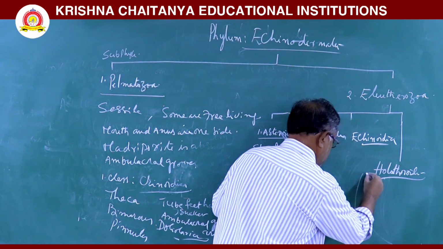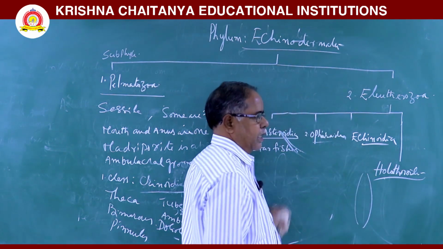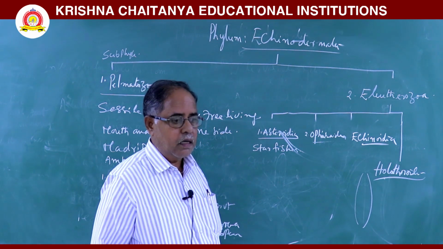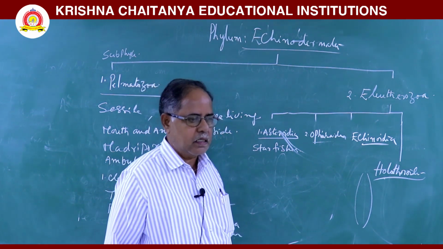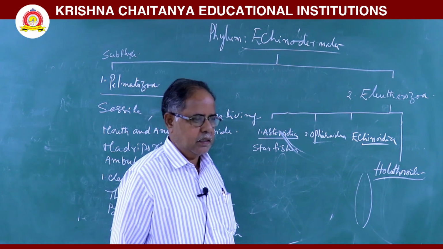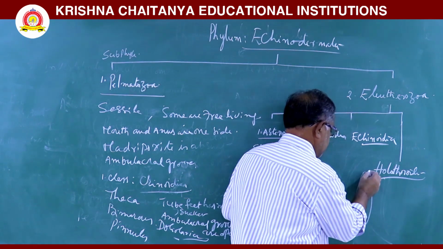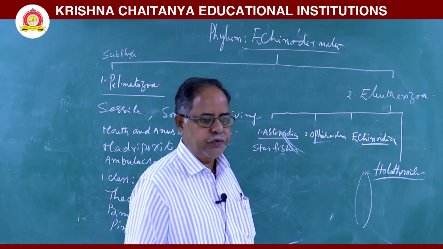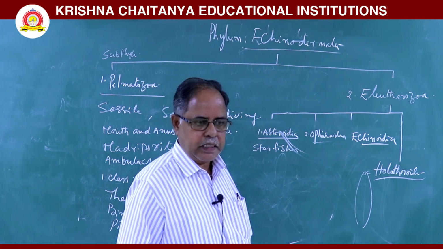They have an oral and aboral axis. Arms are absent. Pedicellariae are absent. Spines are absent here. The mouth is surrounded by retractable tentacles. These tentacles are modifications of the tube feet. Tube feet have suckers.